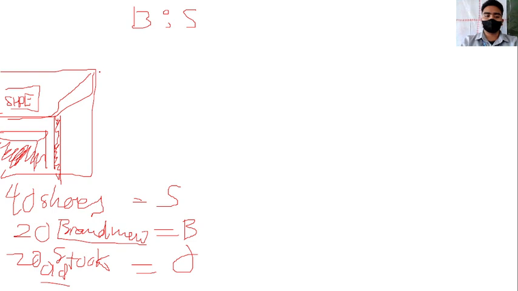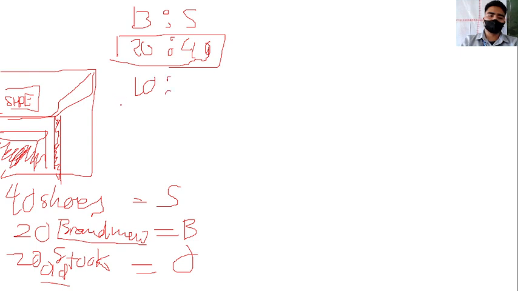Your brand new shoes is 20 and your total number of shoes is 40. So you have a ratio already. It could be 20 over 40 or 10 is to 20.